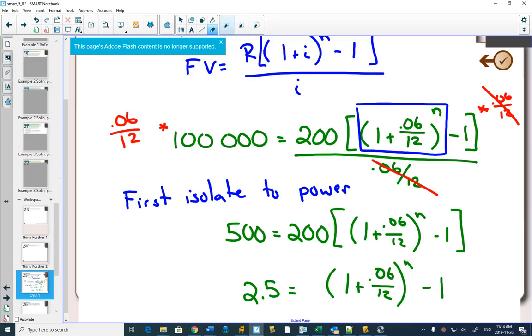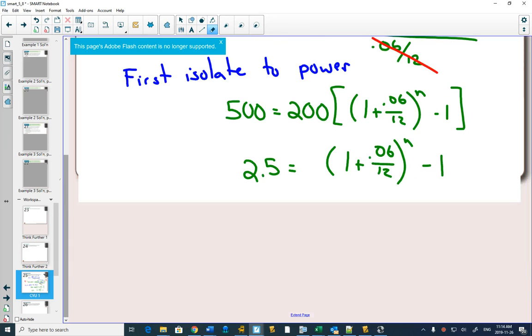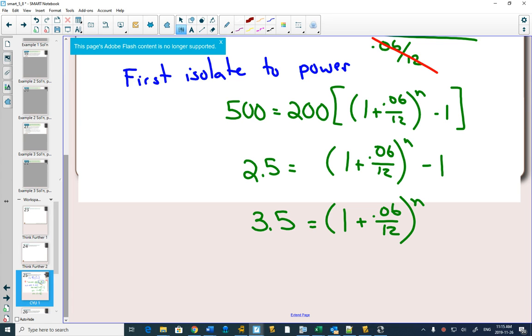We've almost got the power by itself. How could I get the power by itself? I just need to add 1 to both sides. And now the power is by itself. Now it's going to be easy to use your log laws. So I want to solve for an exponent. I've got a power by itself. I can take the log of both sides.